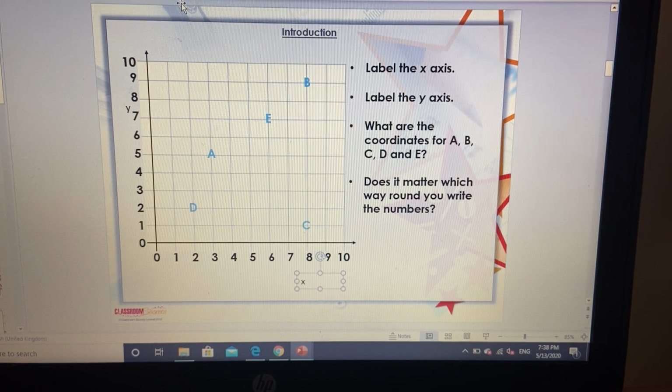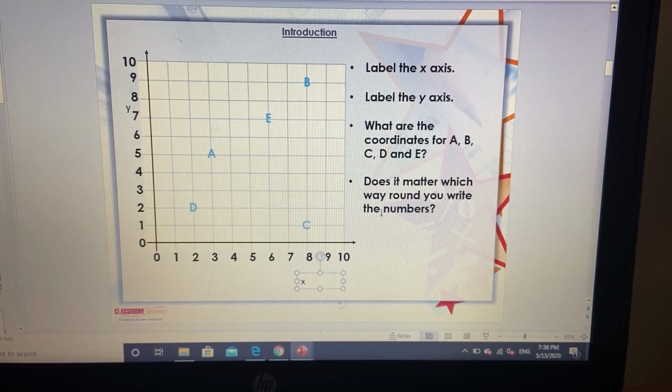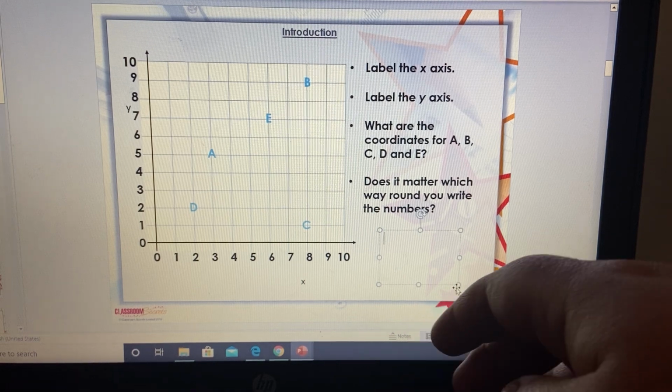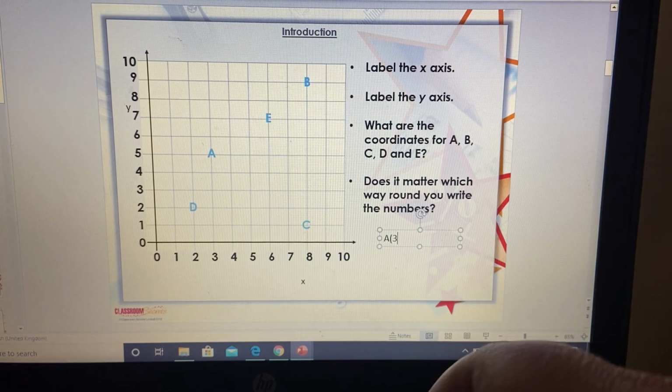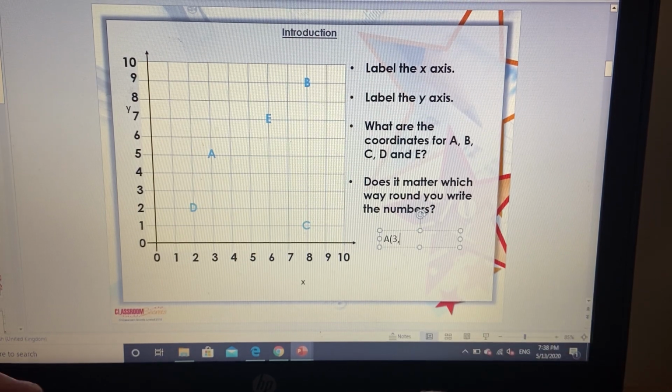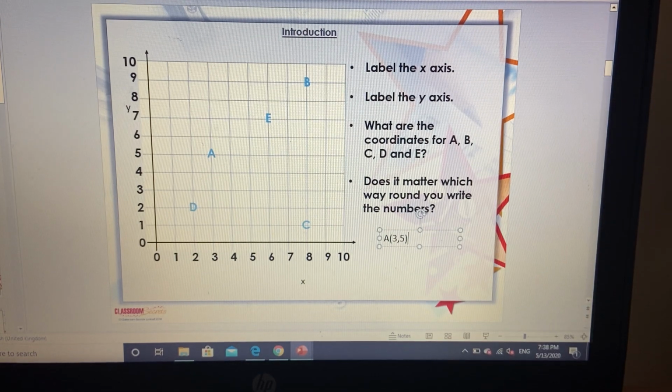A would be 3, 5. And we'd write it like that. We always put our coordinates in brackets.